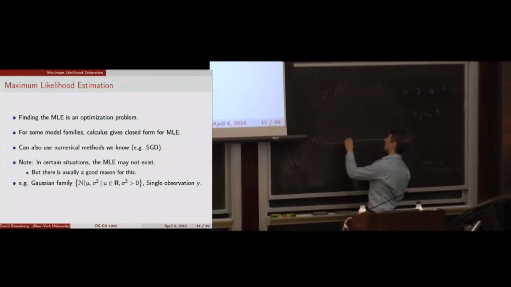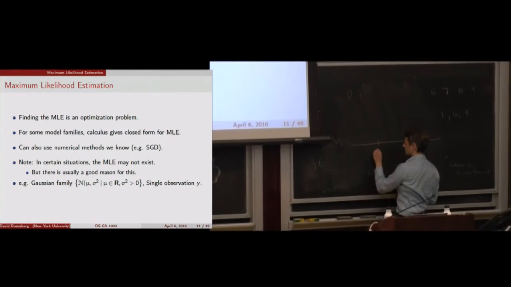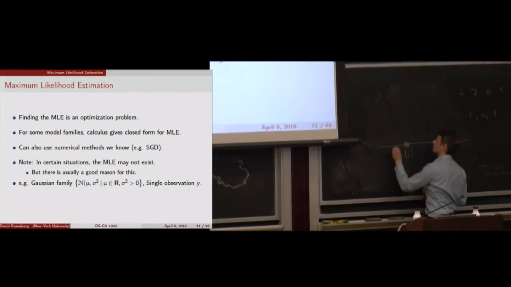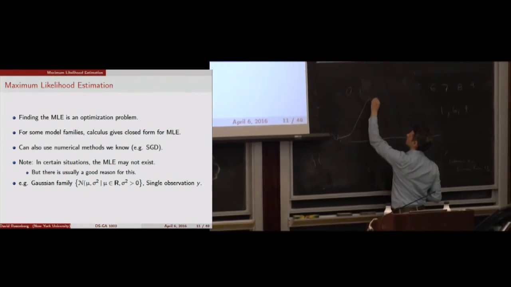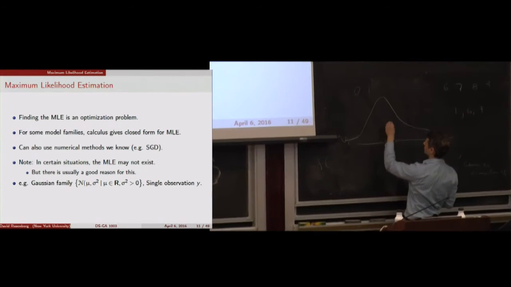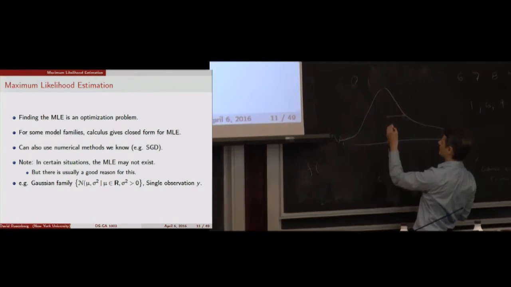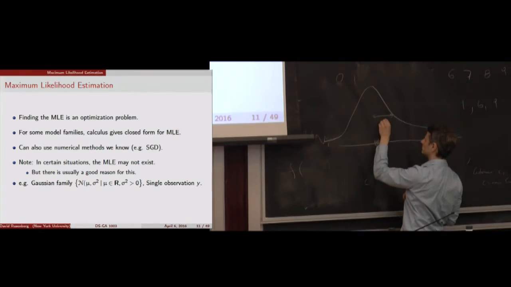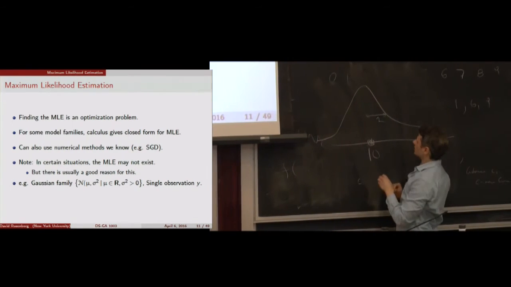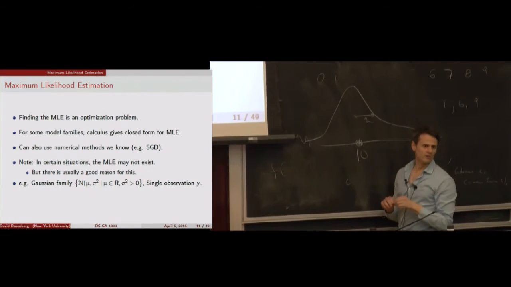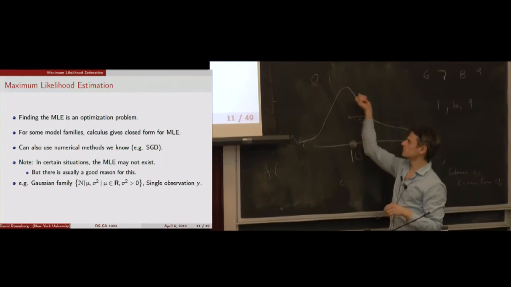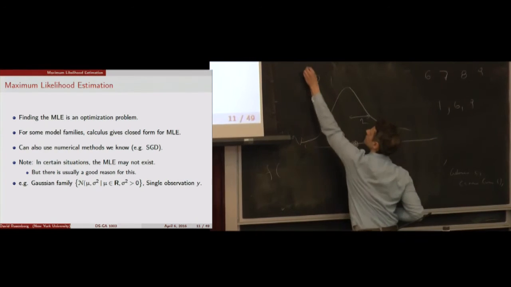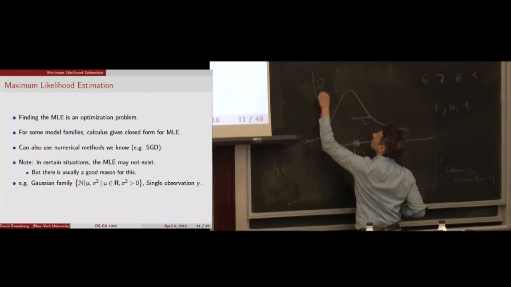Well, not quite. So here's our data. We have a data point at 10. Suppose this is the standard deviation, I don't know, 2. So the likelihood of the observation 10 under this distribution is whatever this number is.